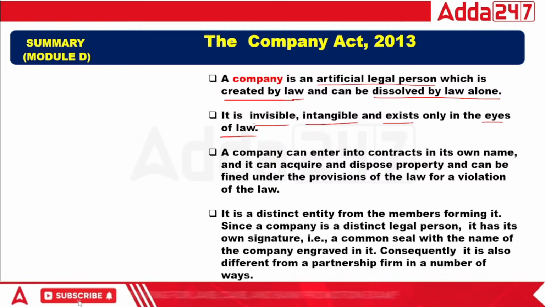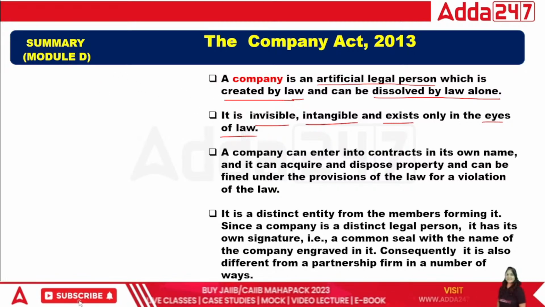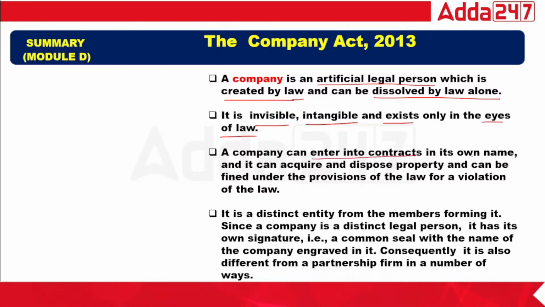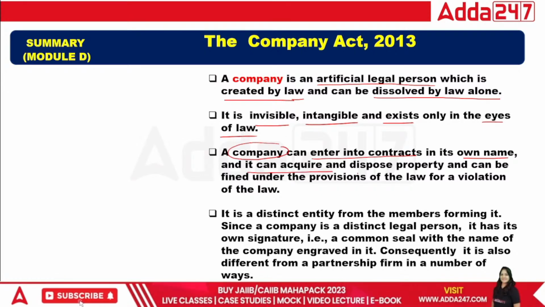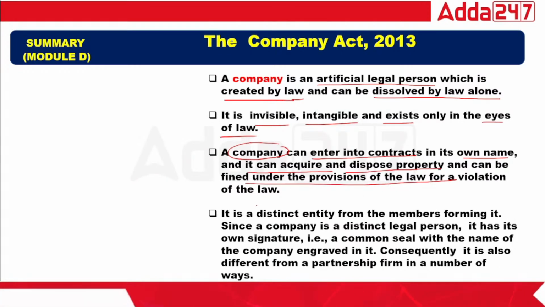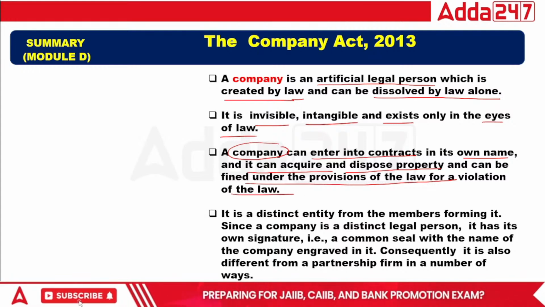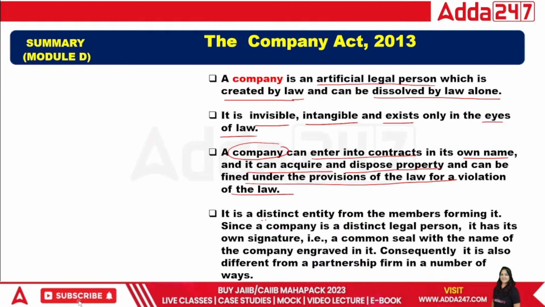A company can enter into contracts in its own name because it has a separate legal existence. It can acquire and dispose of property, and can be fined under the provisions of law for violation of law. It is a distinct entity from the members forming it.